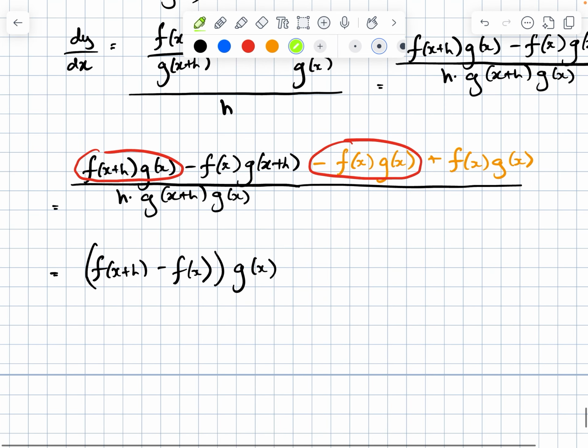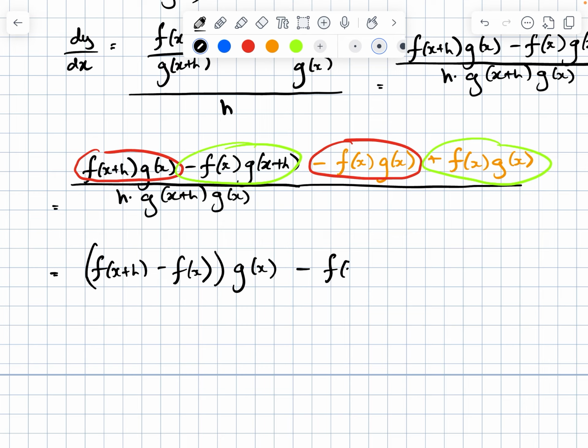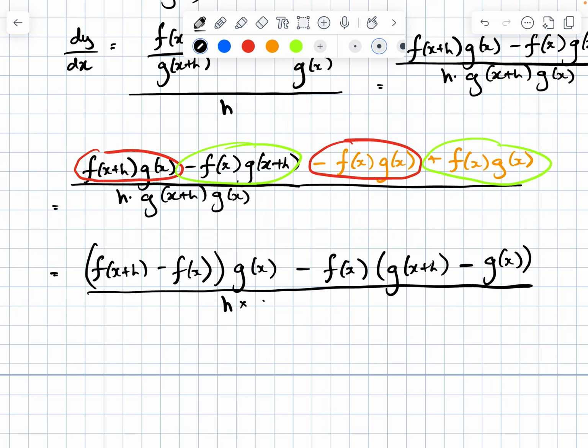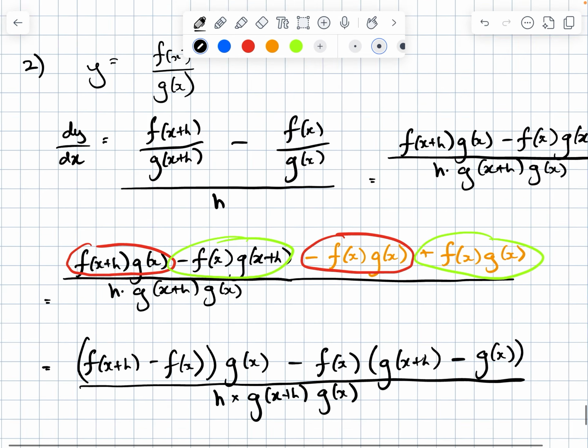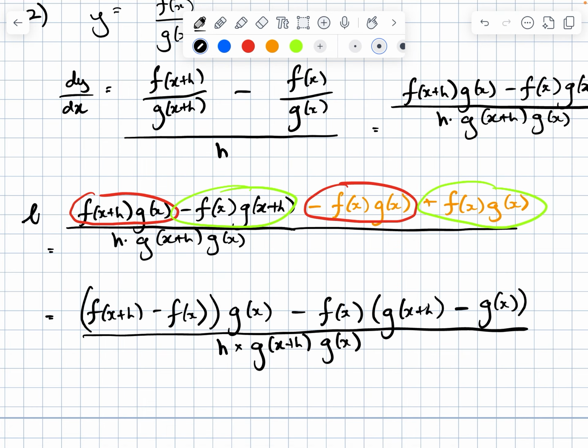And if I factorize the other two, f(x) is common, g(x plus h). And since I've done a minus outside here, but the second term is actually a plus, I then need to make that a minus g(x), all over h times g(x plus h) times g(x). Of course, we shouldn't be forgetting our limit as h approaches 0 to everything.